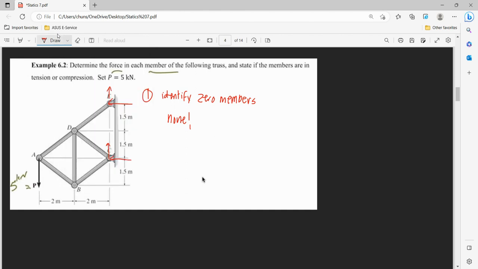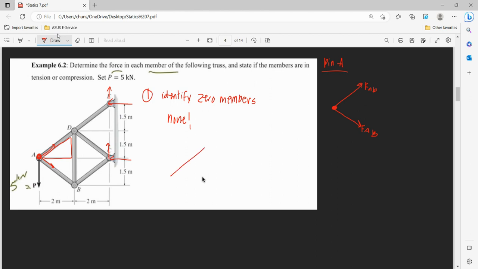Okay, so let's start with pin A. So this is pin A, and if we were to draw the free body diagram, let's call this FAD, and this is FAB. If we just take this triangle here, we can find the angle it makes.